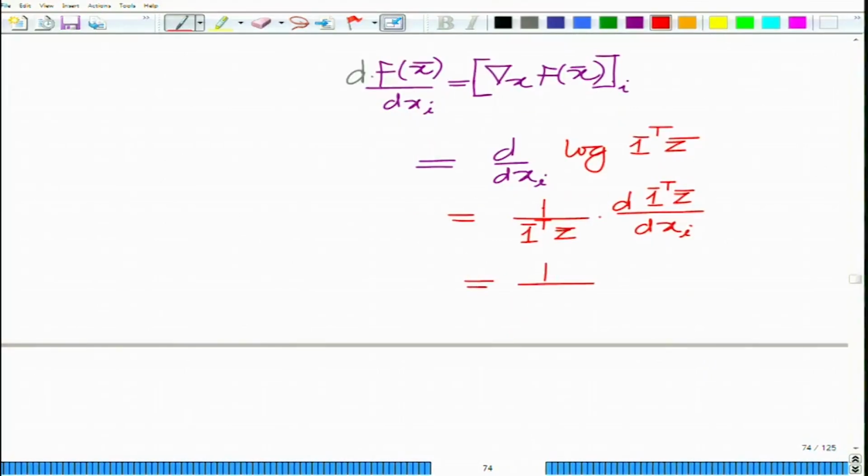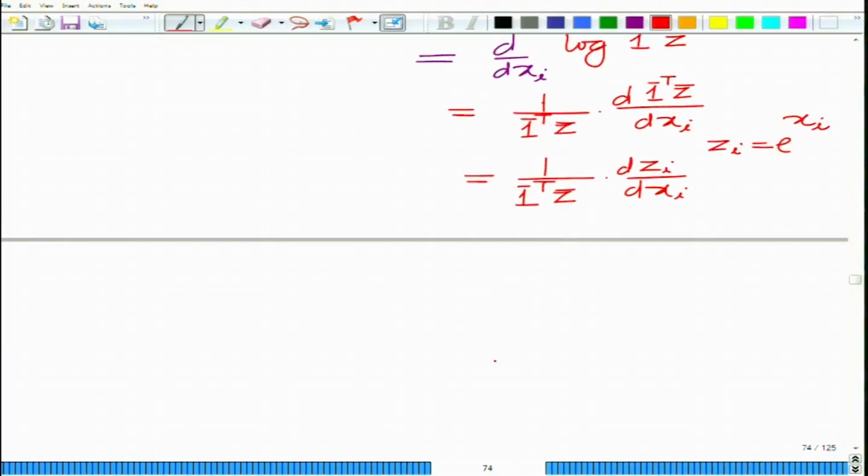So this is 1 over 1 bar transpose z bar times the derivative of zi with respect to xi, but recall zi is e raised to xi, so the derivative with respect to xi is e raised to xi only, which is basically zi. So this reduces to 1 over 1 bar transpose z bar times zi.